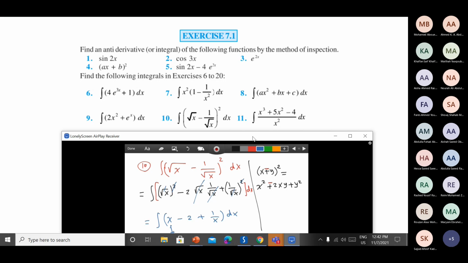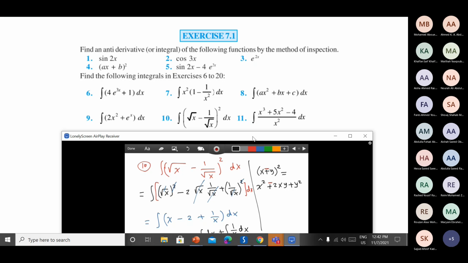You add to the power 1, so it will be x squared over 2 minus the integration of 2. If you would like to make it in more steps, I will do it for you. So you can distribute the integration. So this is the integration of x dx minus 2, the integration of dx plus the integration of 1 over x dx. Now the integration of x, you add 1 to the power, which is 1 here, so it will be x squared over 2 minus 2.